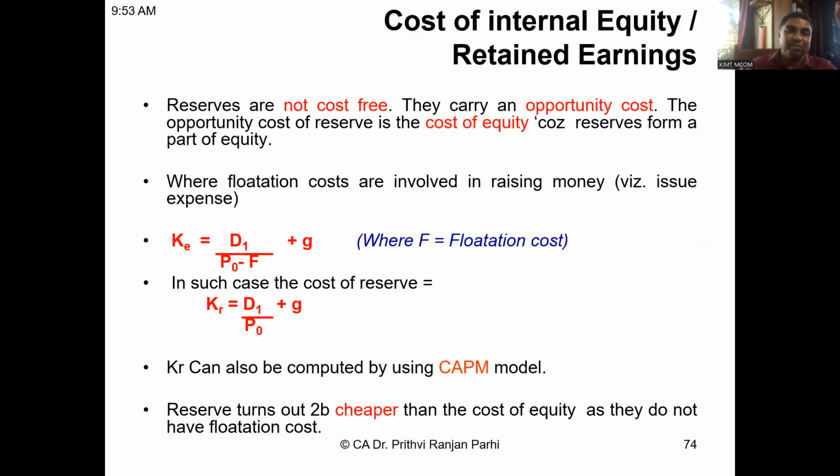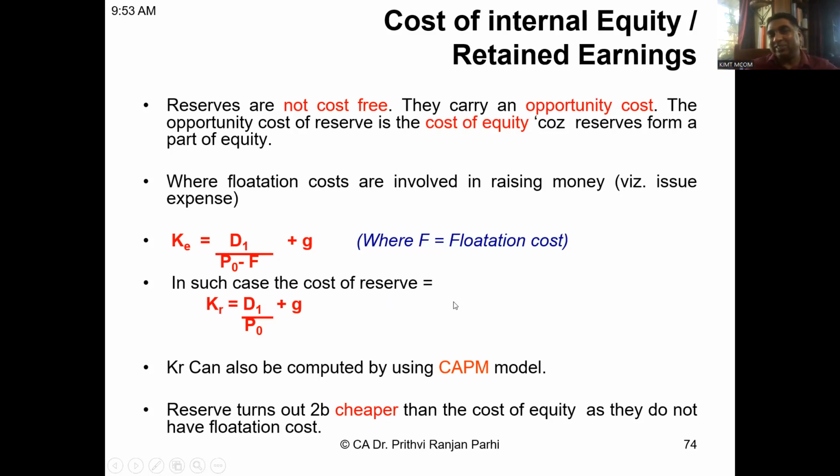The price is 100 rupees, but there is an issue cost of 5 rupees. That means actually you are getting 95 rupees. So if you modify the formula, KE is equal to D1 by P0 minus F plus G. If flotation cost is not there, you can say D1 by P0 plus G. That formula we already know.